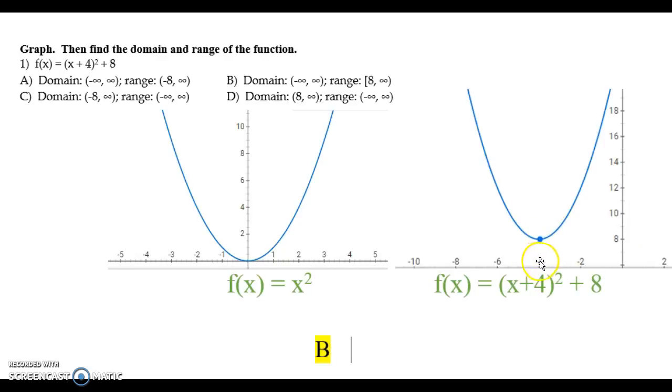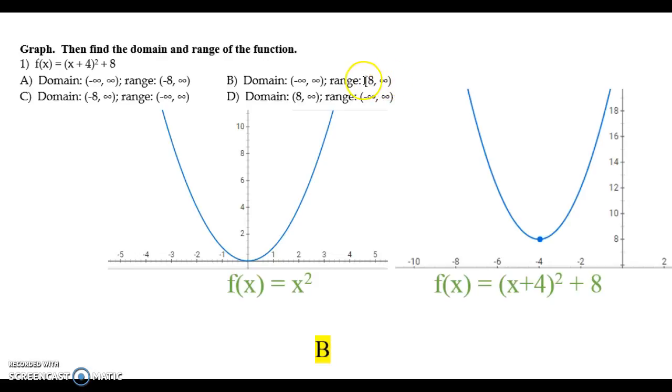The graph doesn't go any lower than that. 8 is the smallest y value, but the graph keeps going up and up and up forever. There's no limit to how big of a y value you can get. If you want a bigger y value, just put a bigger x value in here and you'll get a larger y value. So our range goes all the way up to infinity, but it's limited at the bottom at the number 8.